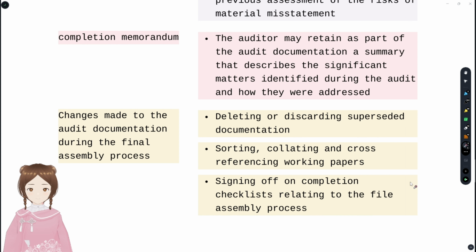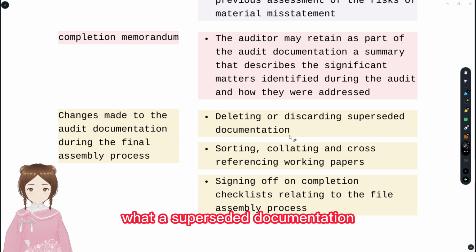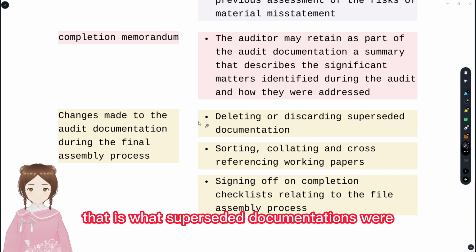So which information will you give more weight to, day 3 or day 7? Obviously day 7, right? The documentation and conclusions reached on day 3 were superseded by day 7. That is what superseded documentation is.